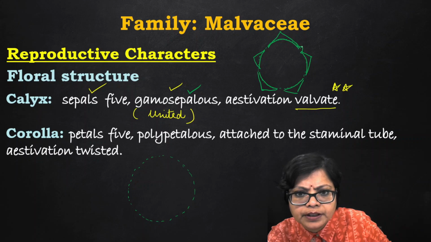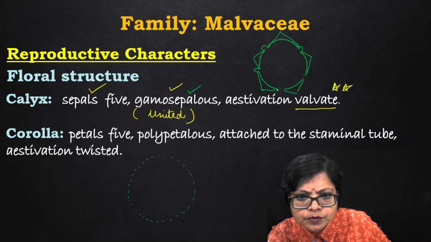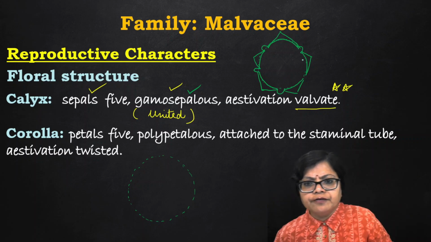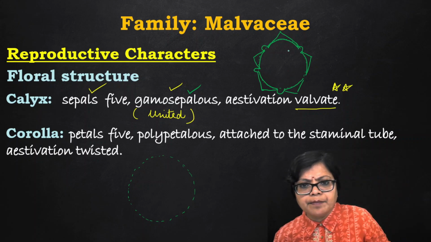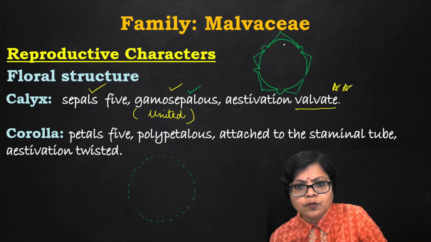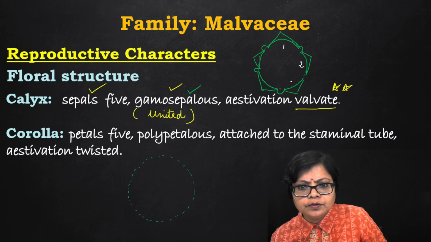So how to show the union? By drawing this loop. So this diagram clearly indicates valvate estivation, gamosepalous, and number is 5. 1, 2, 3, 4 and the fifth one.